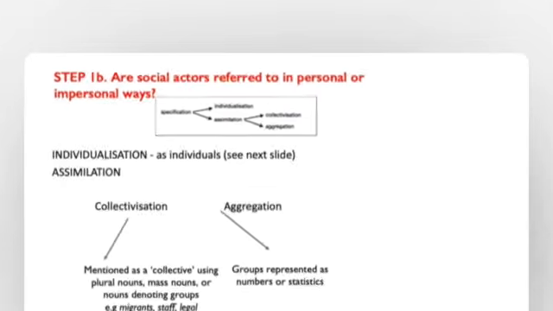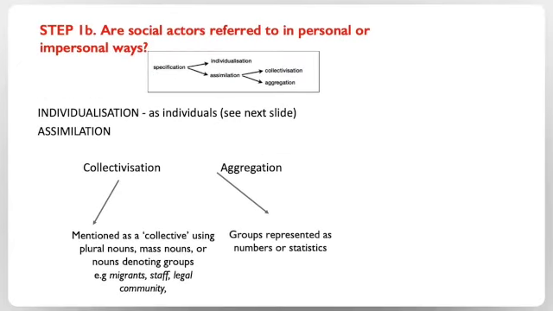So, moving on to how social actors are referred to. There are different ways. Individualization, we will see next, but there is something we call assimilation. So when people are referred to as groups, so things like migrants, staff, legal community, and sometimes we don't even use the words.